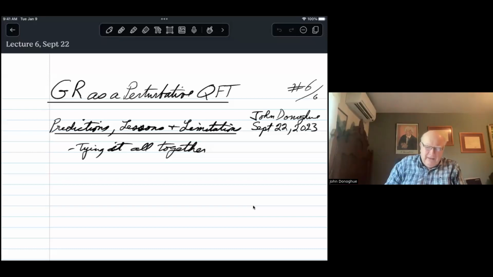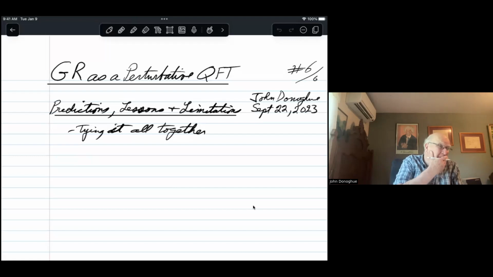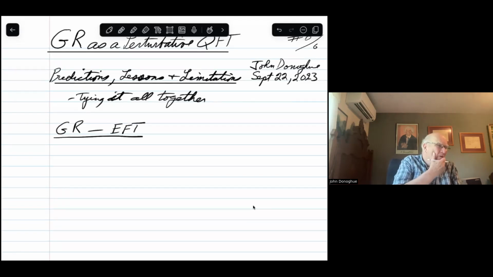Okay, very good. So today's the last day of the little mini series, and we tie it all together. We've set up how to treat general relativity as a quantum field theory, and it fits very naturally into this paradigm, which is effective field theories, and this tells us how we can make good predictions.